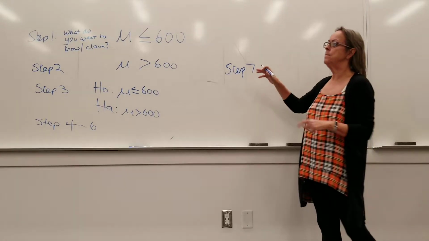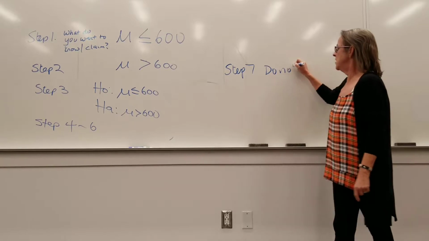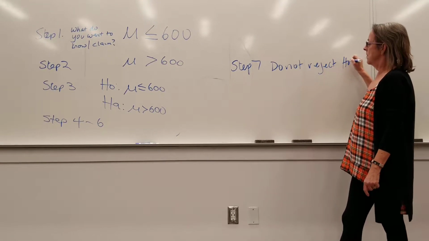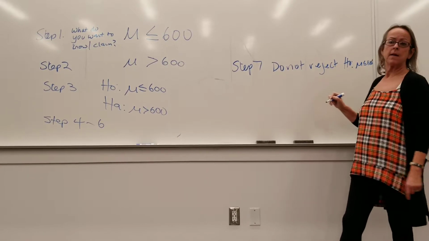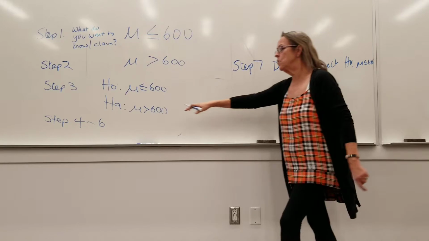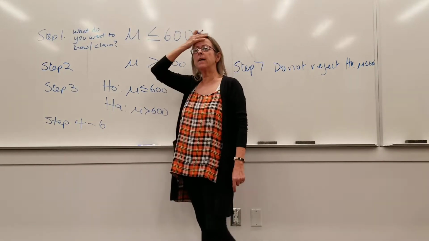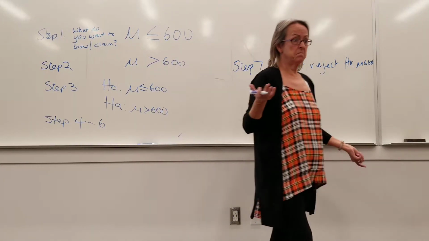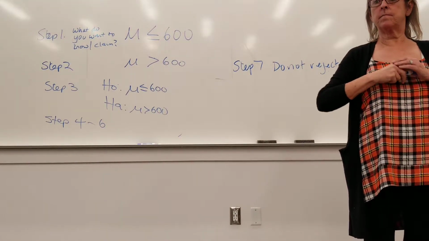So in B it says, what if you say, I do not reject the null? And the null is mu is less than or equal to 600. So you do all this work that we're going to learn about later, and then you say, I do not have enough evidence to reject the null. Then the accountant can't prove the manager's wrong.